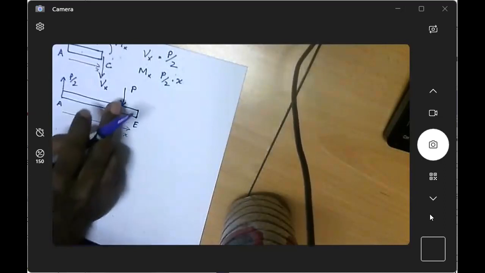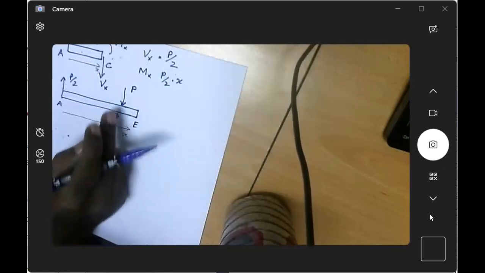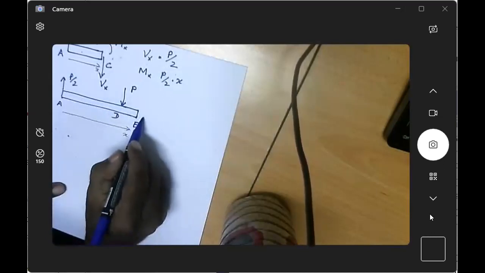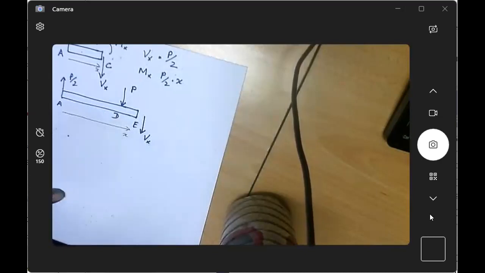There are two forces, one upward, one downward, but typically we mark this as downward force, Vx. If it is upward, you will get a minus sign.